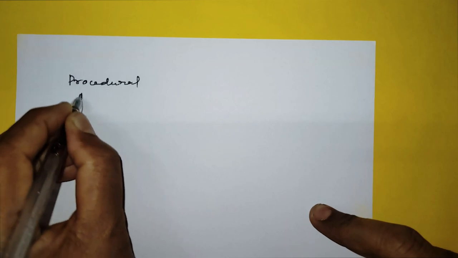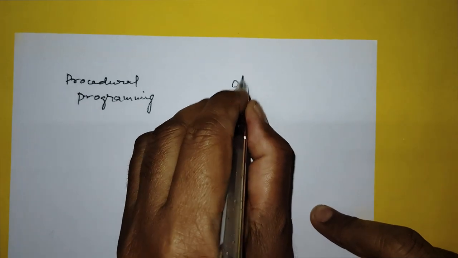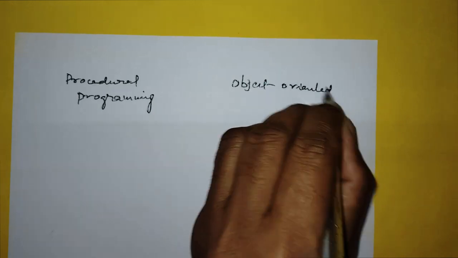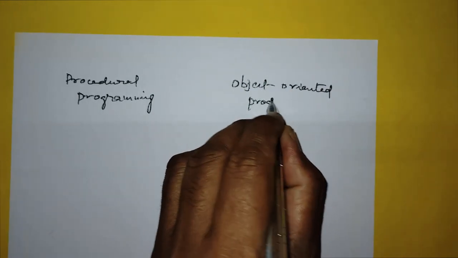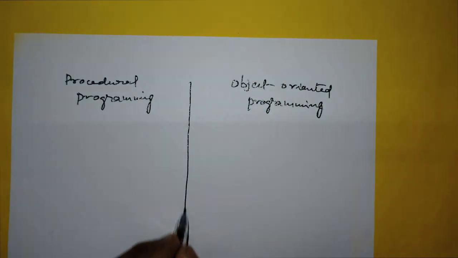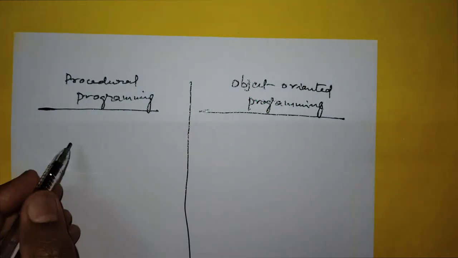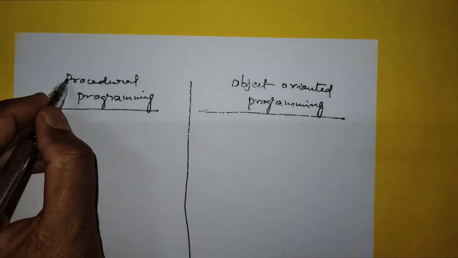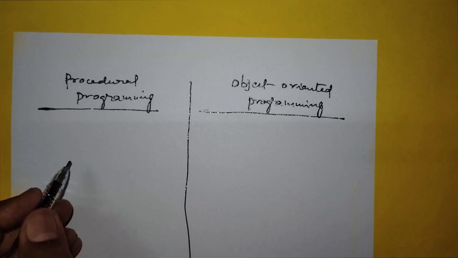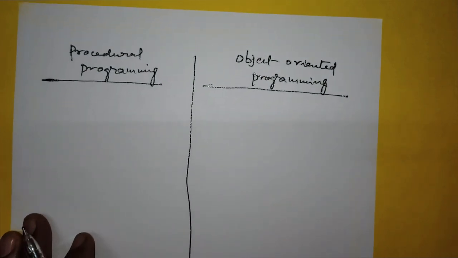In examinations, whenever they ask for the differences, we have to divide the page into two parts, with procedural programming on one side and object-oriented programming on the other side. We have to mention them in this way to gain good marks.